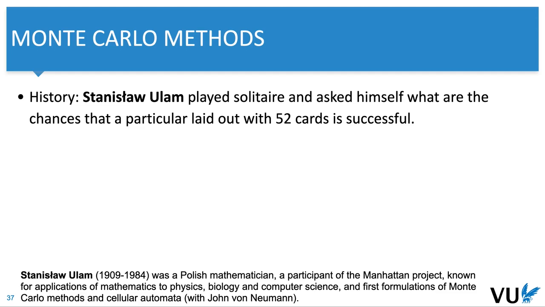And he was doing it again and again and again. And then at some point he thought, all right, so what is the probability of winning it? So for a very particular starting point, for a particular layout with 52 cards, what is the probability to be successful in the end?